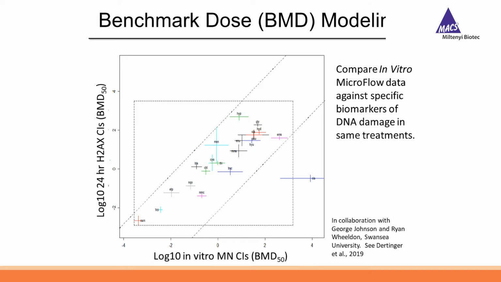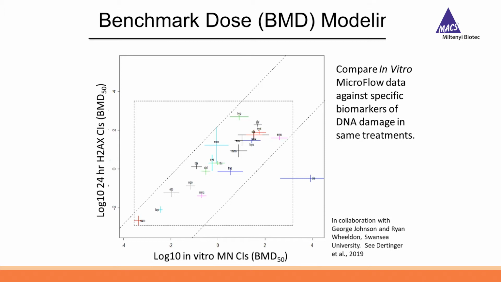So in this case, I'm looking on the x-axis at in vitro micronucleus frequency, and we've got a benchmark dose looking at a very specific change in the critical effect size, or the response of increasing micronucleus. And on the y-axis, we're looking in a comparison against gamma H2AX staining, which is our DNA double-strand break.